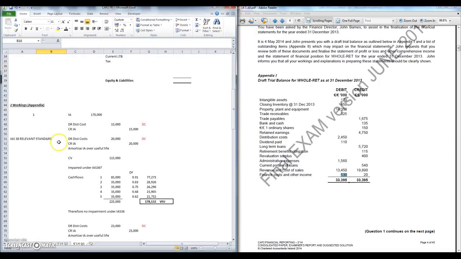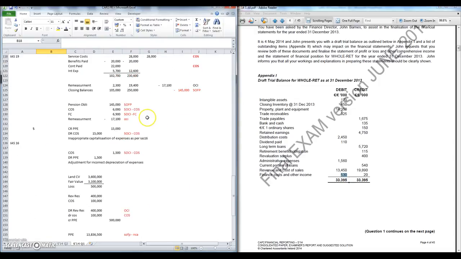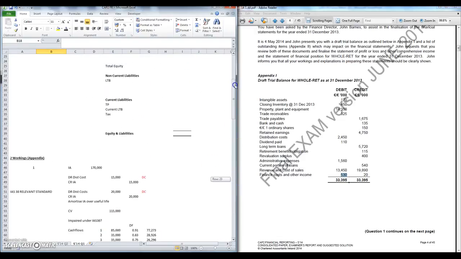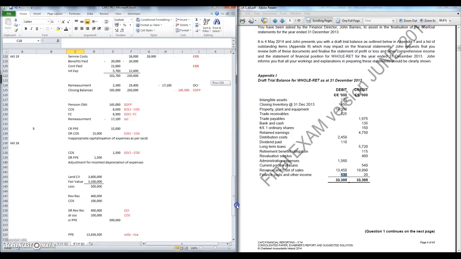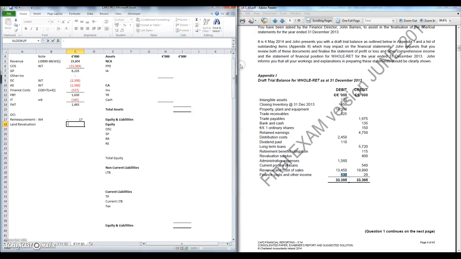The remeasurement of the pension, if you look down along for any OCI items, there's an OCI item in working 4 of 17. So minus 17, so it's a loss, minus 17. And you also have the land revaluation. We know from working 6, I think it is, working 5 is OCI 400. So that's a minus 400 OCI, minus 400. And that is working 6. So you can see working 5.